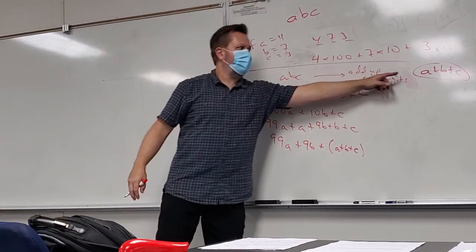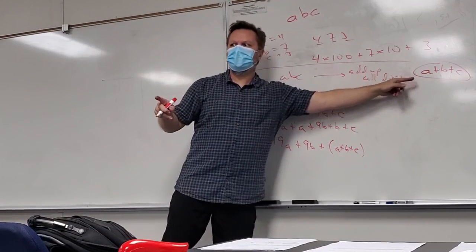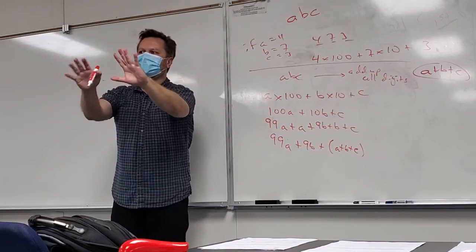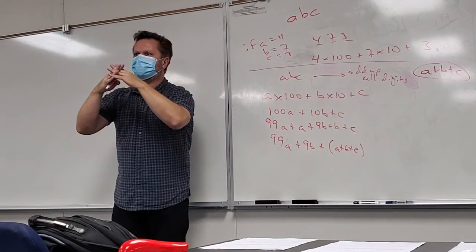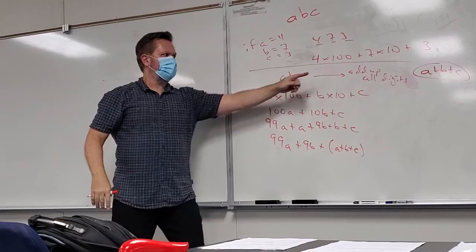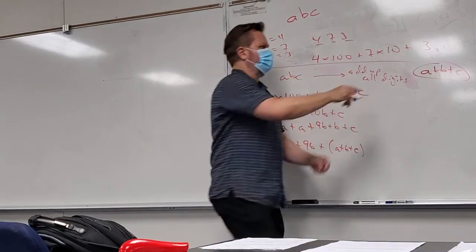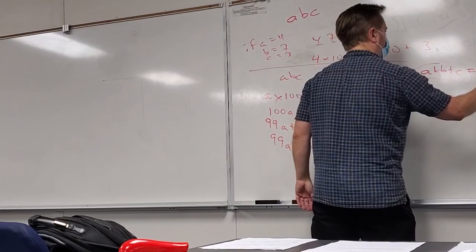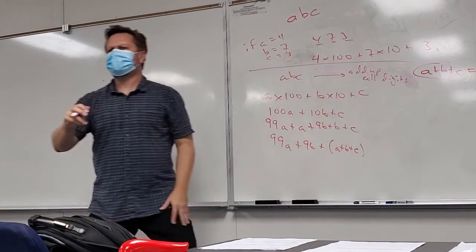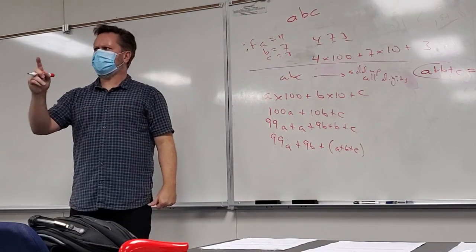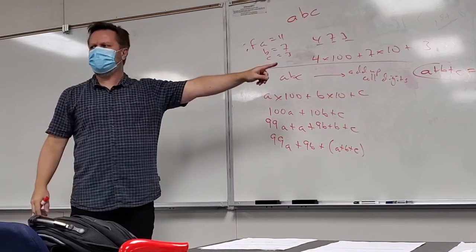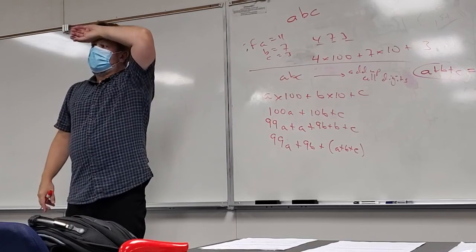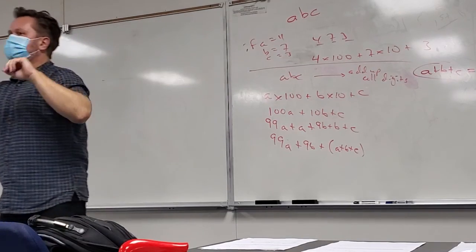So if A plus B plus C is a multiple of 9, stay with me, we're almost there. What's the rule? If the sum of the digits, A plus B plus C, is a multiple of 9. These are multiples of 9, correct? You're just assuming that A plus B plus C is a multiple of 9? Yes, exactly, because that's the given.